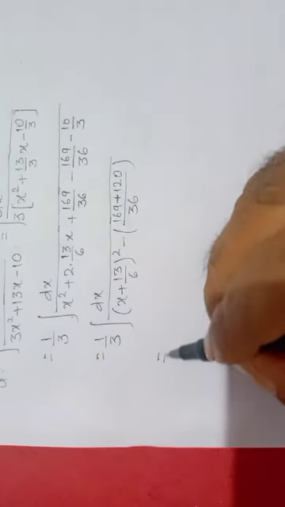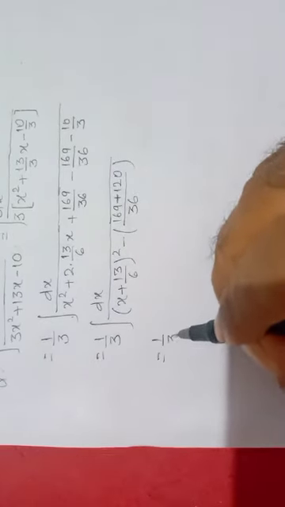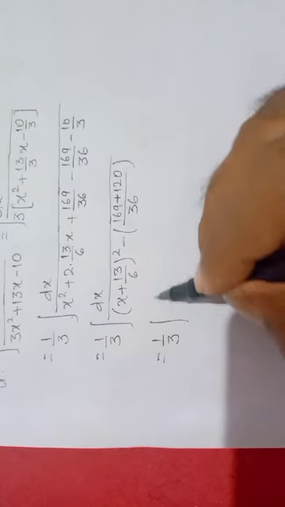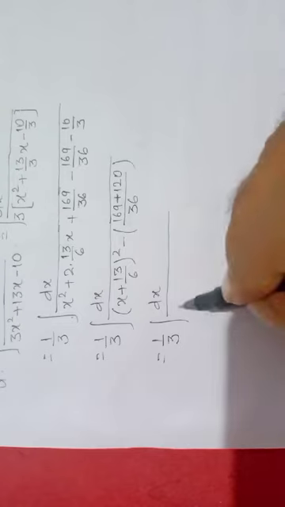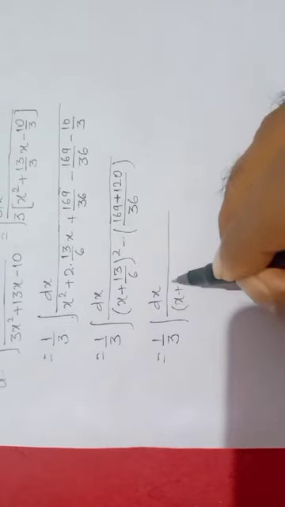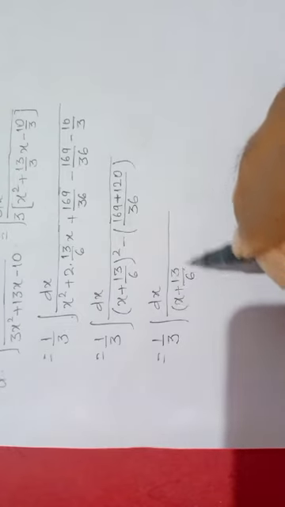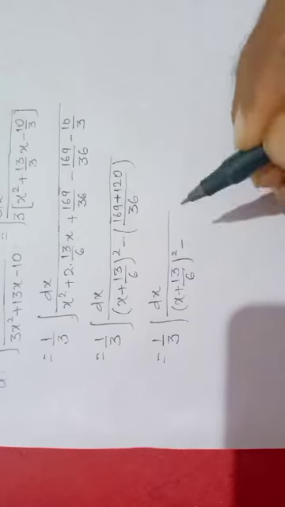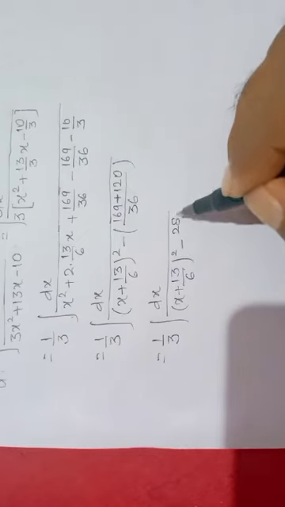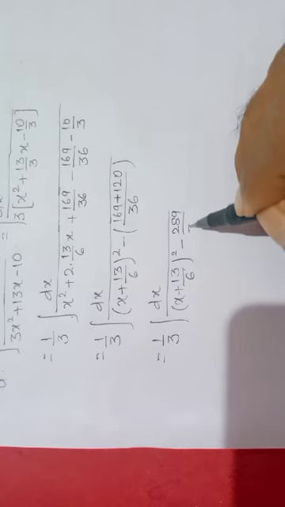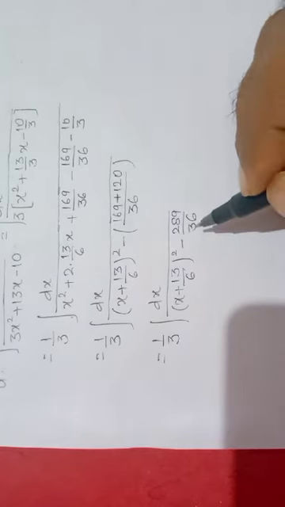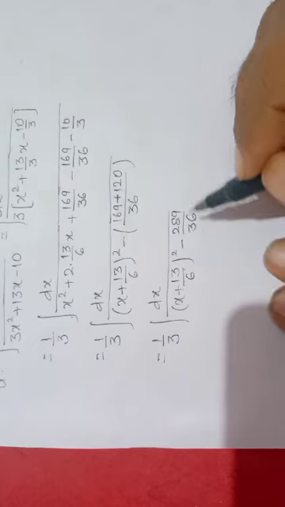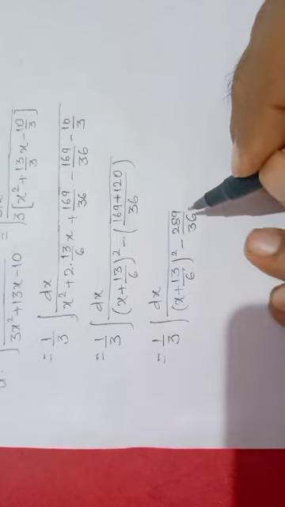So it should be 1 by 3 integral of dx by (x plus 13 by 6) whole square minus 289 by 36. Again, 289 is the square of 17.